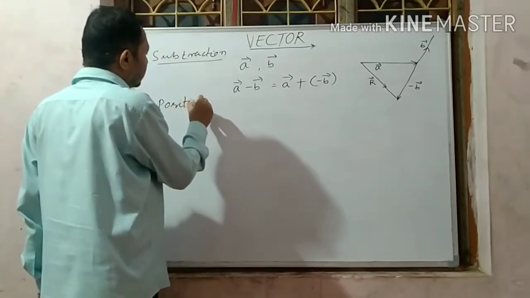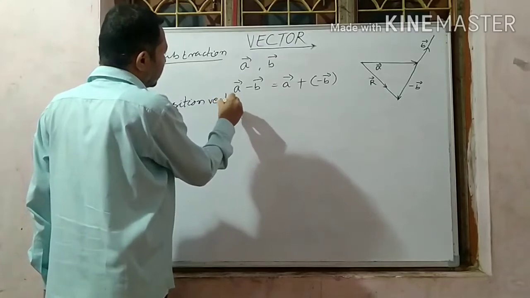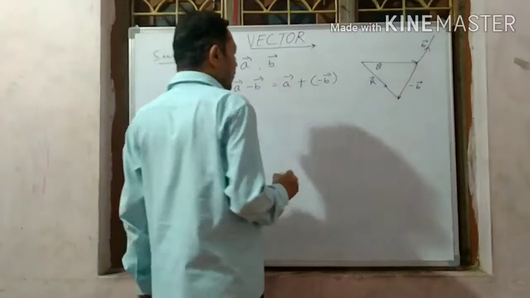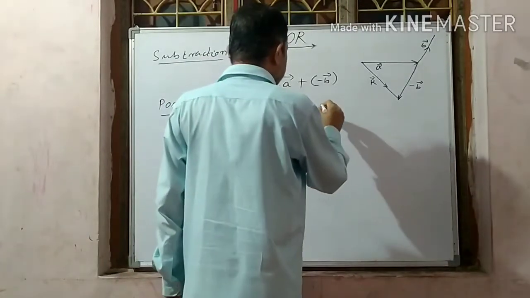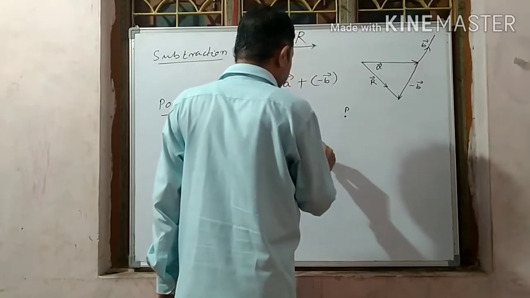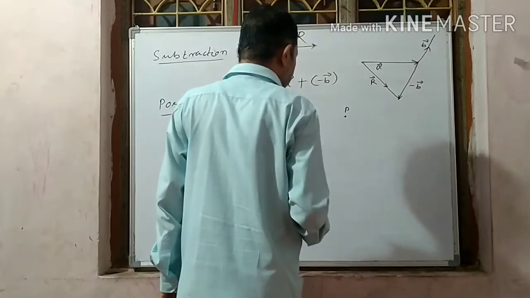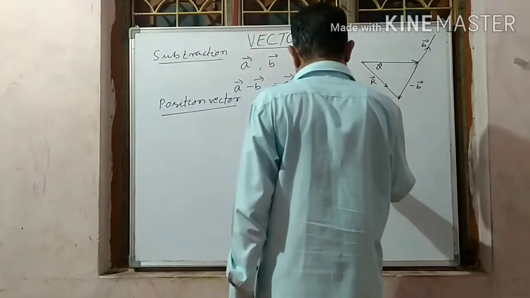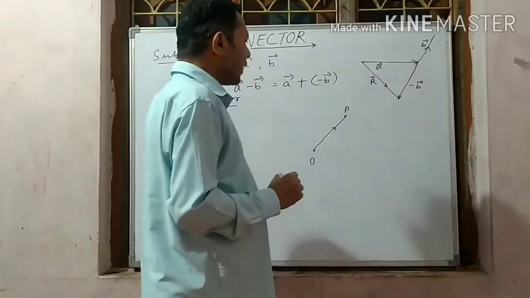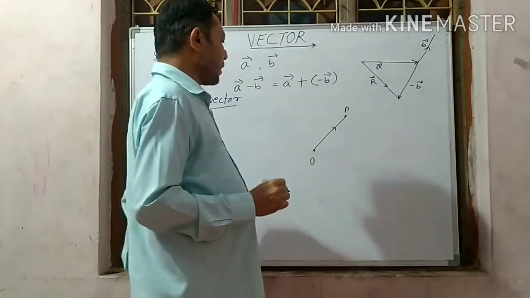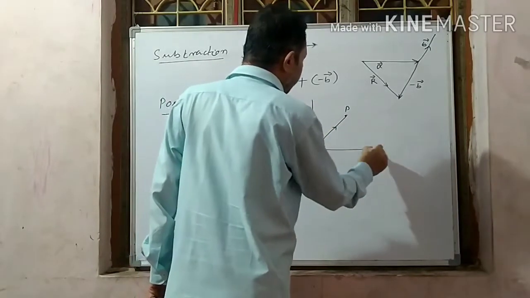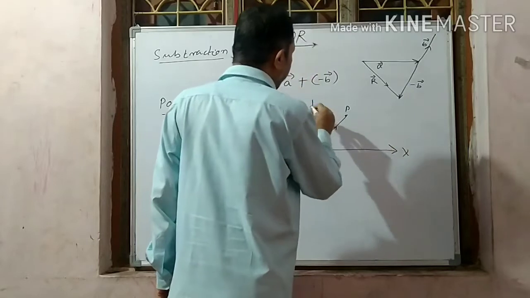Position vector. Suppose this is a point P and this is origin O. The vector drawn from origin to the point P is called position vector of the point P. Suppose we have here our coordinate axis x and y.